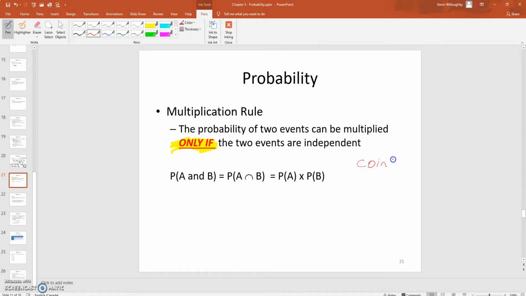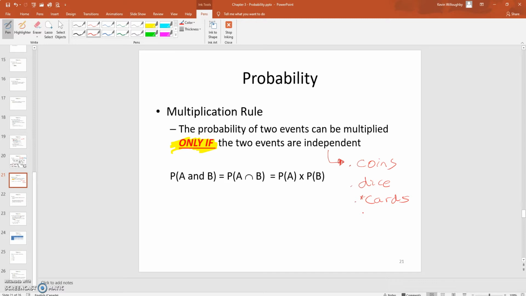Coins, dice, and cards are always independent. With cards, let's put a little qualifier there: the cards have to be with replacement. Say I ask you what's the probability of picking an ace out of the cards, and you pick one card, the probability is 4 out of 52.